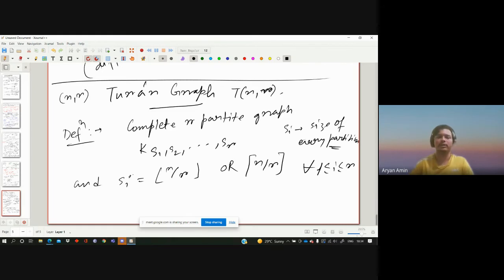We'll call it T(n,r) for now, and it is unique for given n, r.